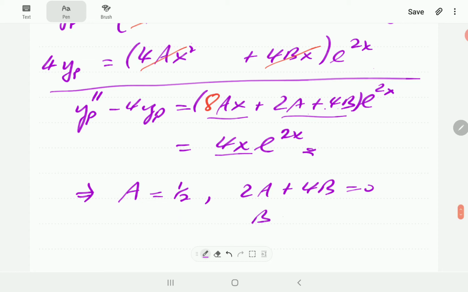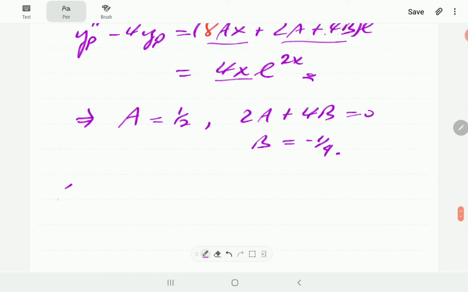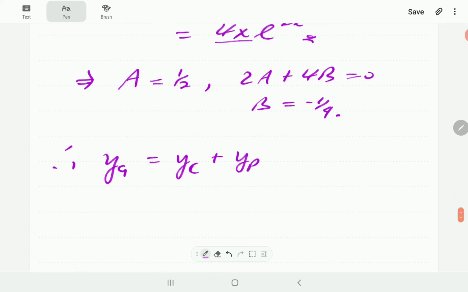This tells us that b must be equal to -1/4.